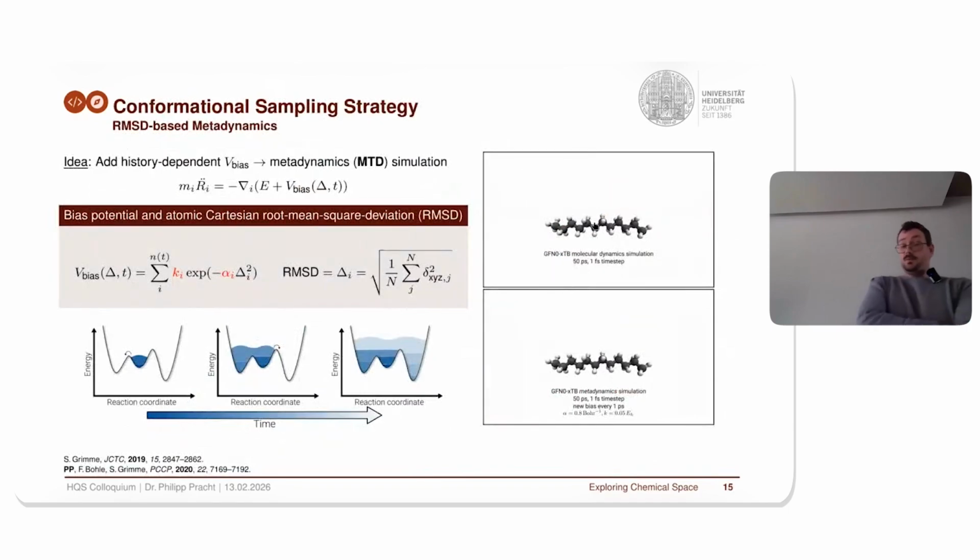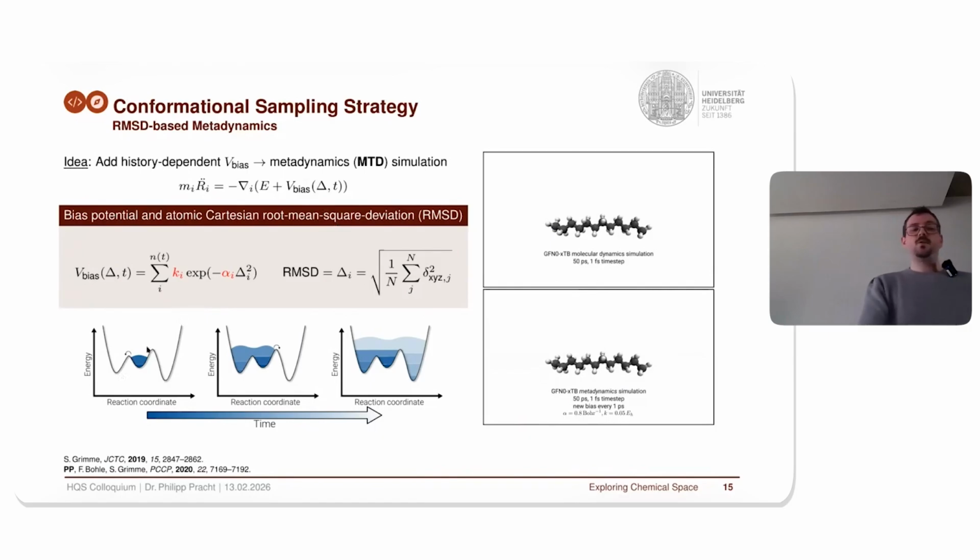Right. Aside from the energy, then we have to address how to actually move along the energy surface, how to find new minima here. And what we are pursuing is a physically motivated approach. So we are letting the system evolve according to Newton's equation. This is called a molecular dynamics simulation, which we additionally modify by a penalty function, V bias here, that at given times during the simulation adds a penalty on already explored regions of the energy surface.